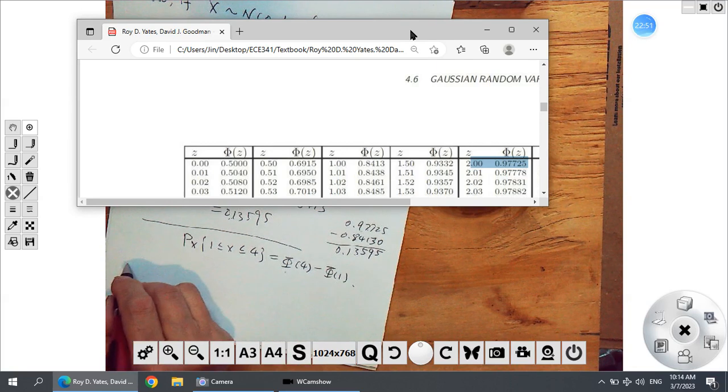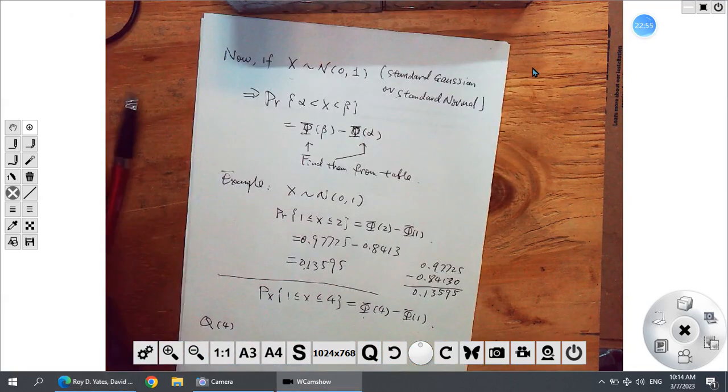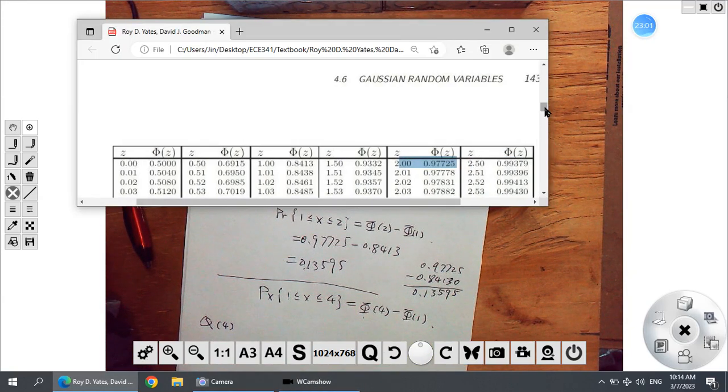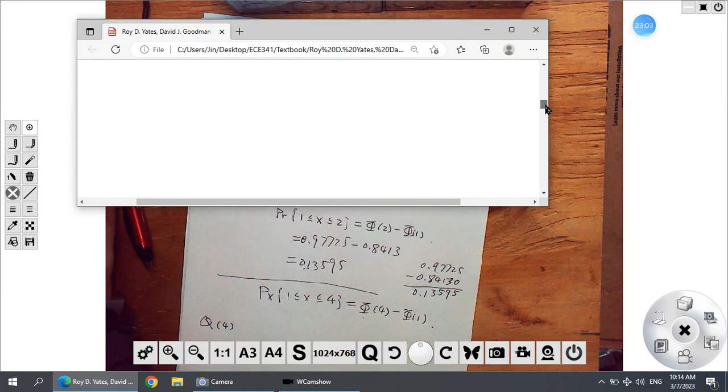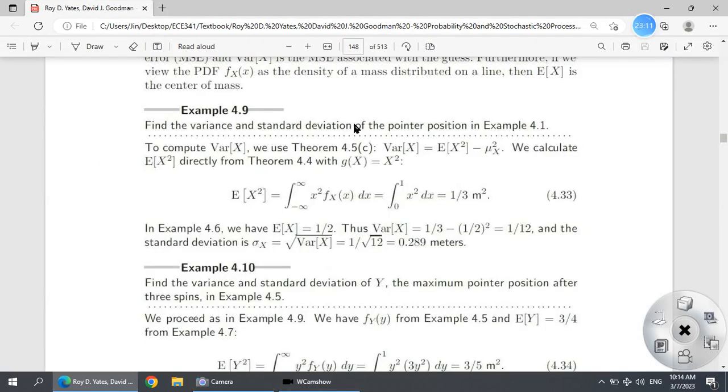Actually, this time we do not have phi 4. We have Q4. Let's go to the table. The first table is about phi, but phi is too small.